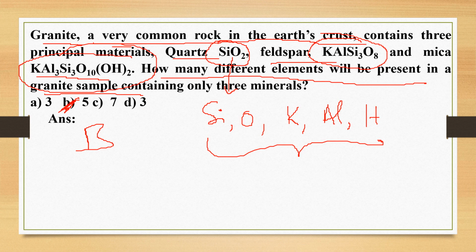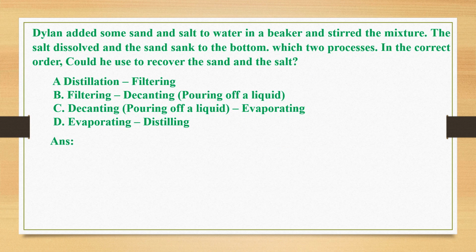Then we'll go for the next question. Dylan added some sand and water to salt in a beaker, and stirred the mixture. The salt dissolved and the sand settled at the bottom of the container.